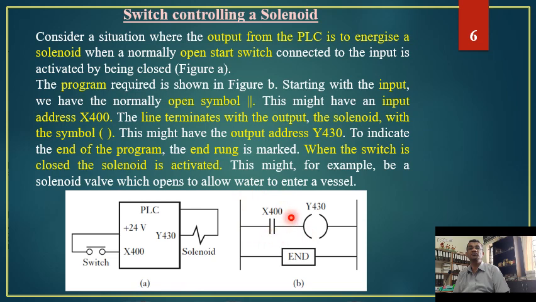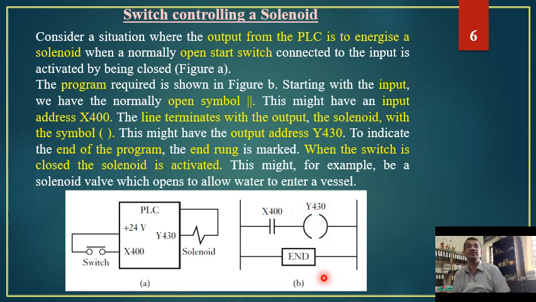Input should come first and then the output. So first of all, input is coming over here. X400 is the address of this particular switch. Then input is over. There is only one input device and one output coming, and that output needs to come after the input. Output is nothing but a solenoid. Whatever the output may be, it needs to be represented like this always. That output is connected to Y430, so just write Y430 above that one.